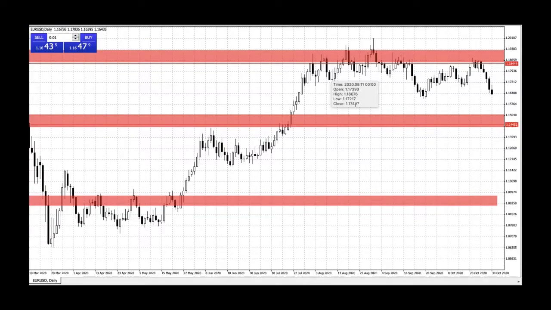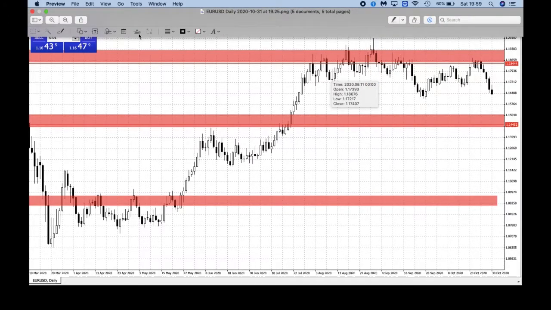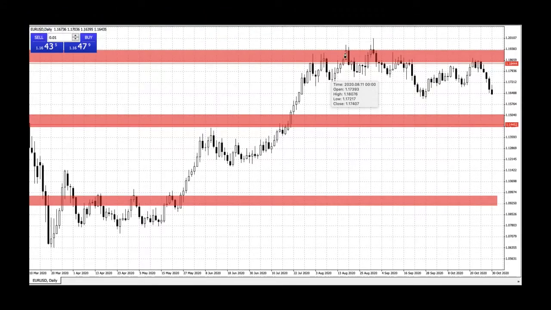Right, on the daily time frame, as we had mentioned, there was an inverted head and shoulder pattern, signified by this.